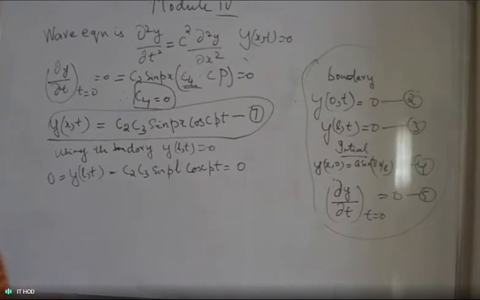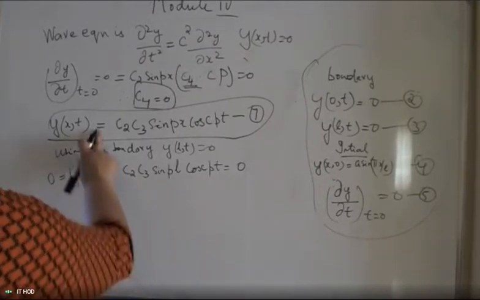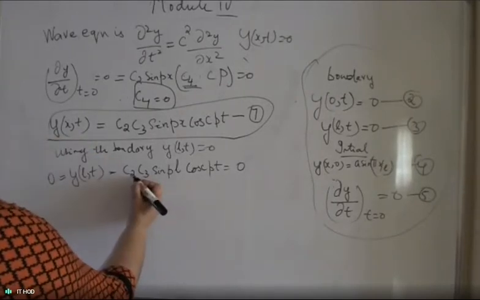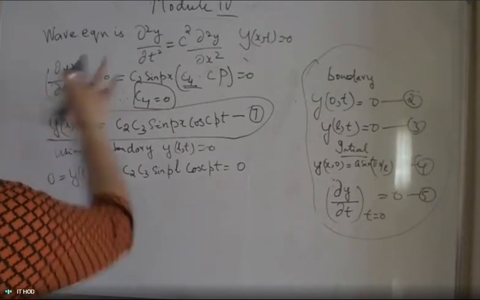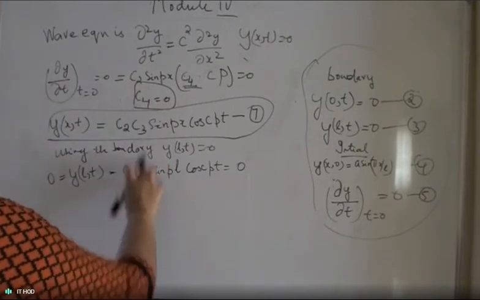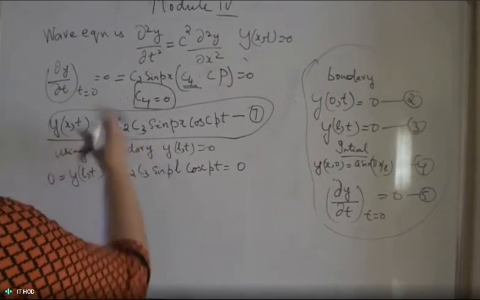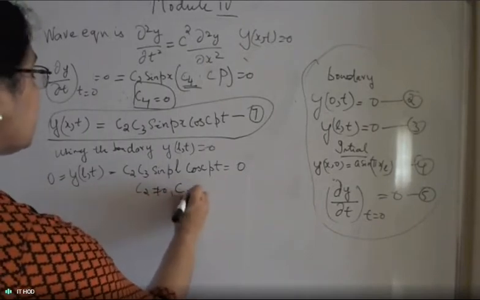Now, here, where is our 7th one? This is our new y(x,t) here. If C2 equal to 0, what happens? This is equal to 0. Again, it becomes a trivial solution, meaningless. If C3 equal to 0, the same thing will happen here. So, C2, C3 cannot be 0. C2 not equal to 0, C3 not equal to 0.